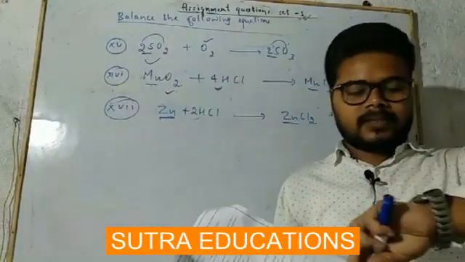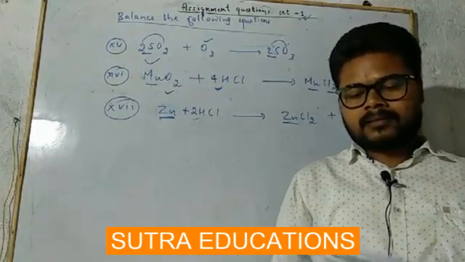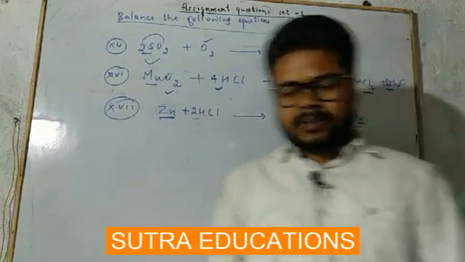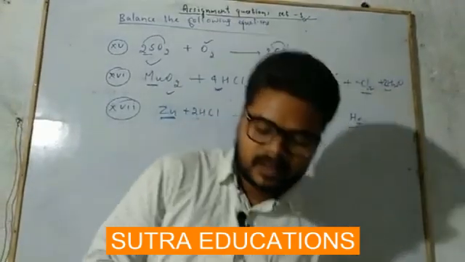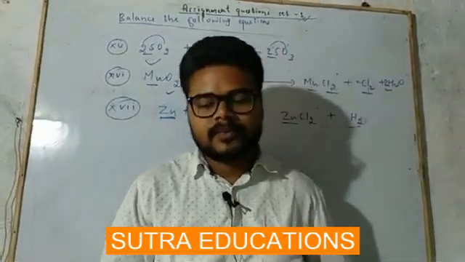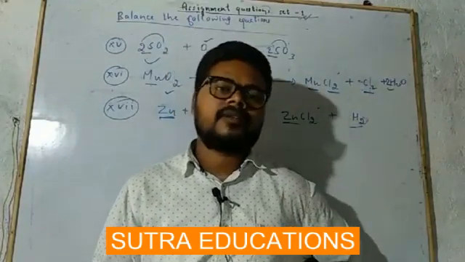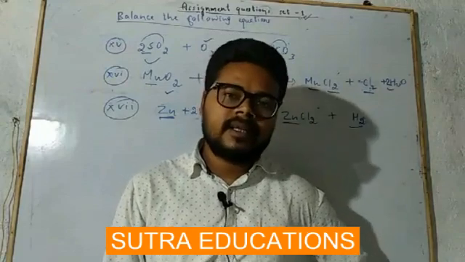So these were some questions on balancing. Then come to question number 1. How are chemical reactions expressed in the shortest way? Chemical reactions are expressed in the shortest way by writing their symbols.